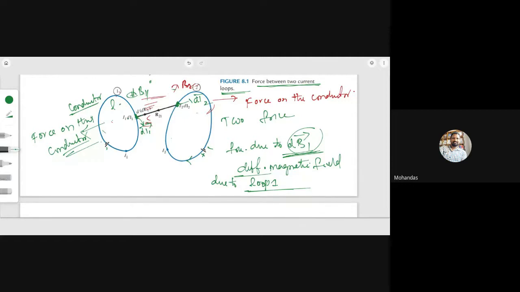Okay, so force due to dB1, the differential magnetic field due to loop 1, on which conductor? On the differential length of the conductor.